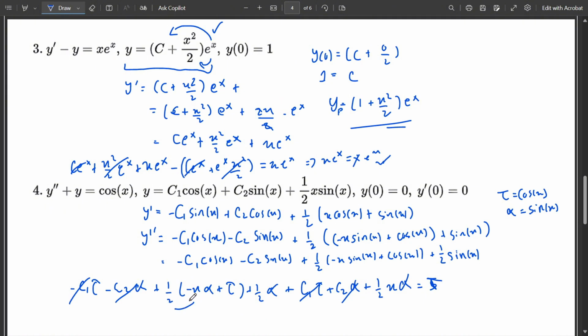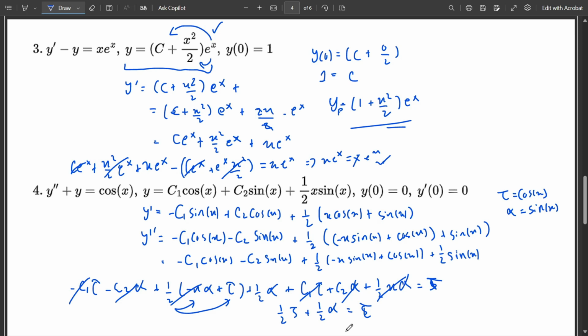If we distribute a half, this one cancels with this one, and we just have a half tau plus a half alpha. That equals tau.